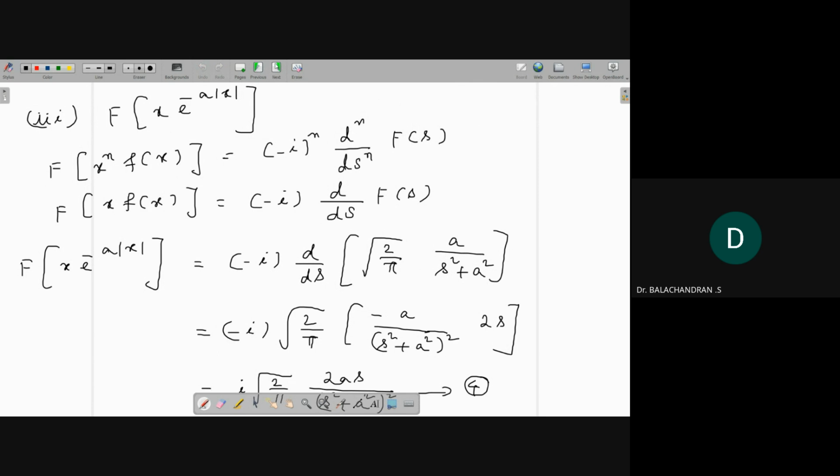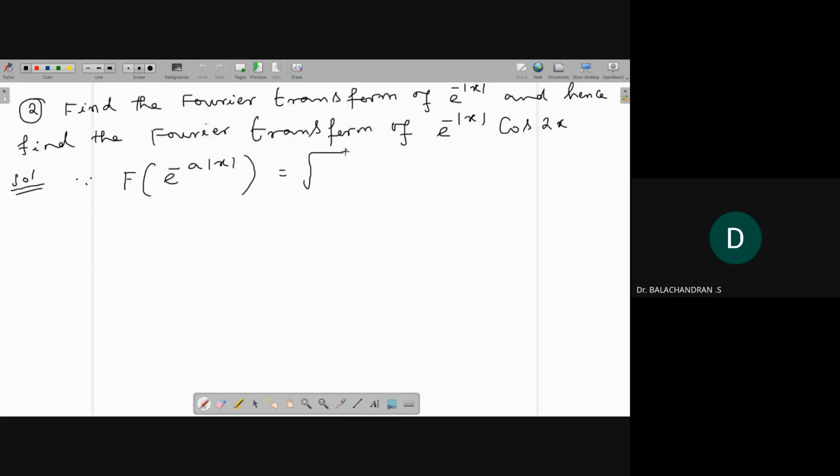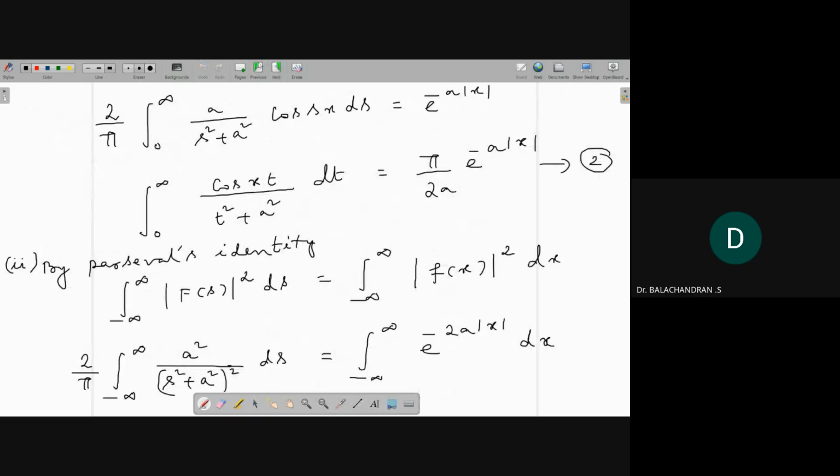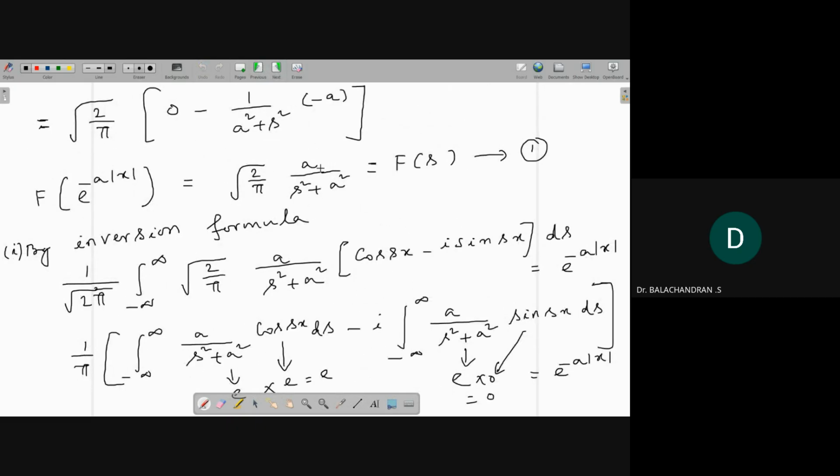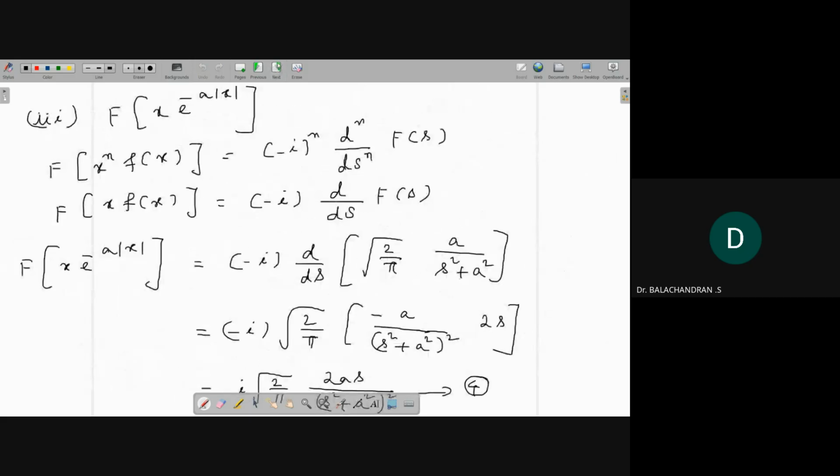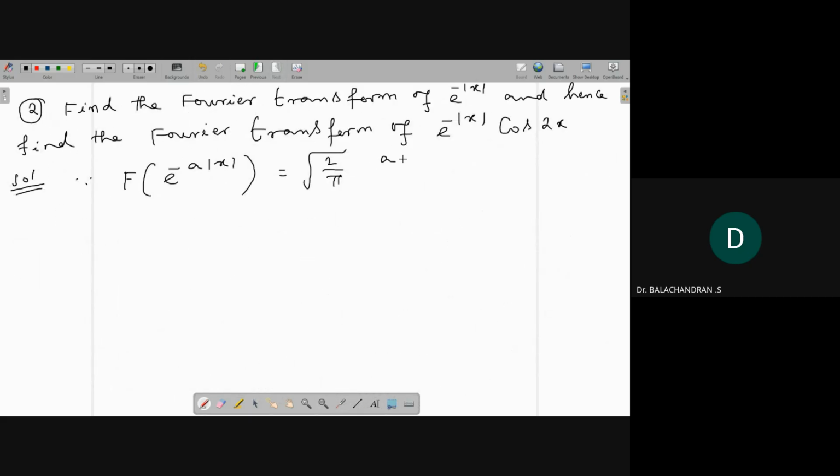That is equation number 1. But here a equal to 1. So the Fourier transform of e power minus mod x is equal to root 2 by pi 1 by s square plus 1.